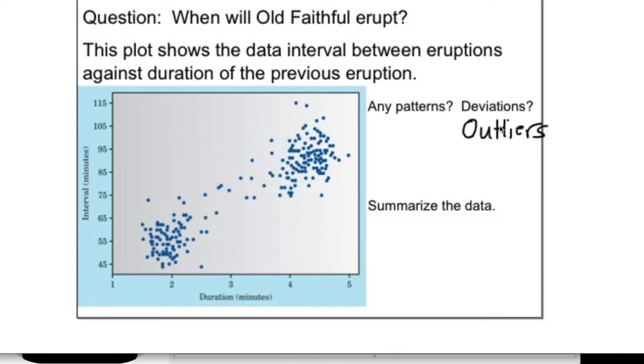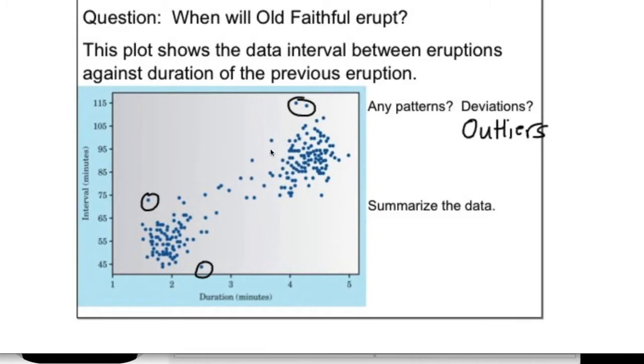And so if we just give it the old eyeball test, I would say that point right there is kind of an outlier off by itself. Maybe this point, maybe these 2 points. Otherwise, it's mostly clustered together.